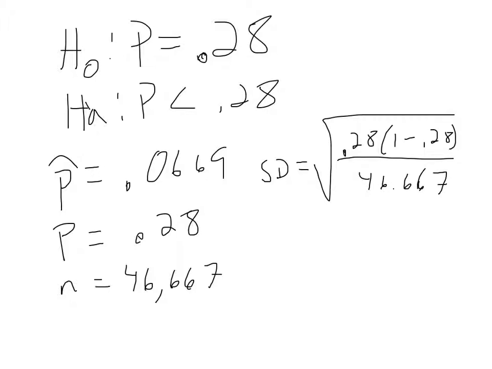I'll calculate that and come back. So if I punched these numbers into the calculator right, I got a pretty small standard deviation. Of course, that's a pretty large sample size. So now I'm going to calculate a test statistic, or maybe let's do a new normal curve just to get an idea where this is going to fall.